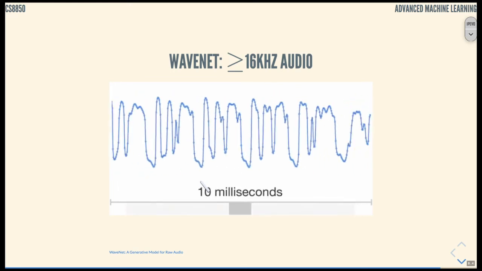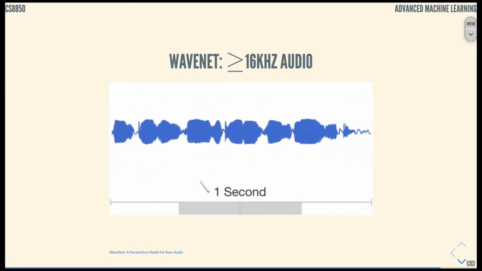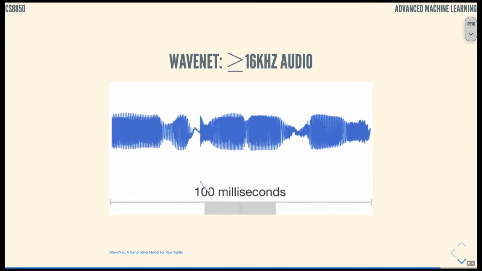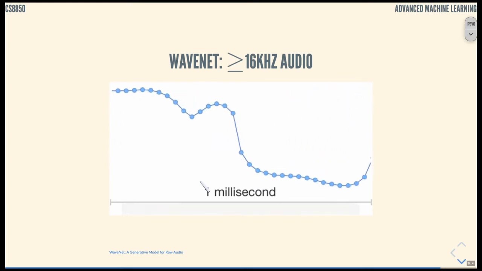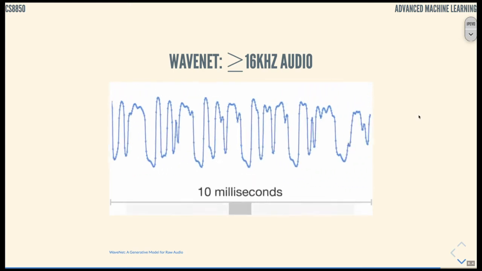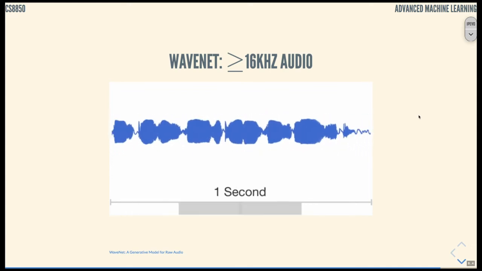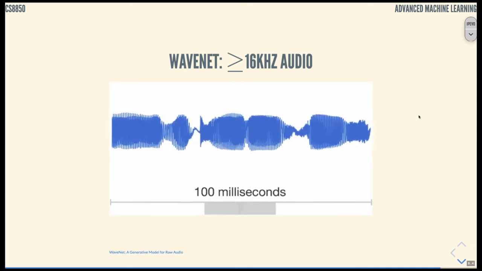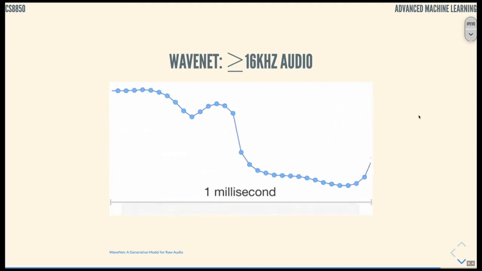Audio is never thought about as something generated or even analyzed sample by sample. Look at this animated example. Audio is usually at 16 kilohertz, that is 16,000 samples per second or more. If we generate this sample by sample, why would we do that?